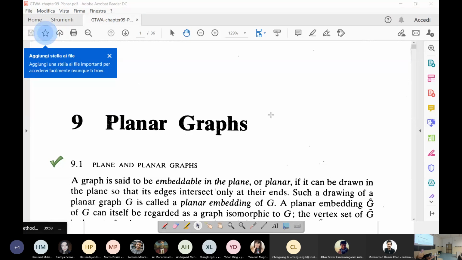And what we draw is what is called, now we will see, a plane graph, meaning a graph whose vertices are points in the plane, whose edges are arcs in the plane, which do not intersect in the intermediate points. Okay, and so a planar graph is what?